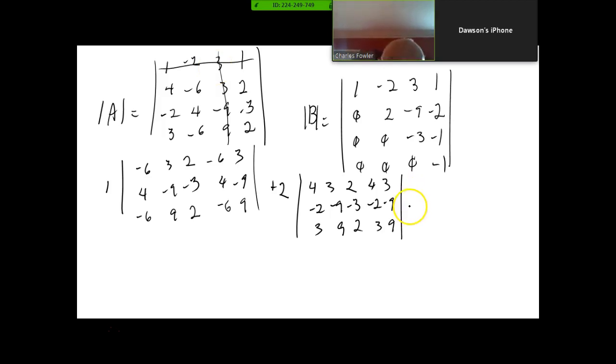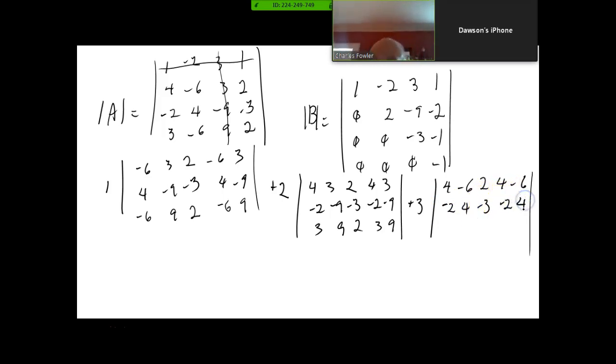Positive, so that's going to be a +3 times the determinant of what's left, which is 4, -6, 2, 4, -6, -2, 4, -3, -2, 4, 3, -6, 2, 3, -6.